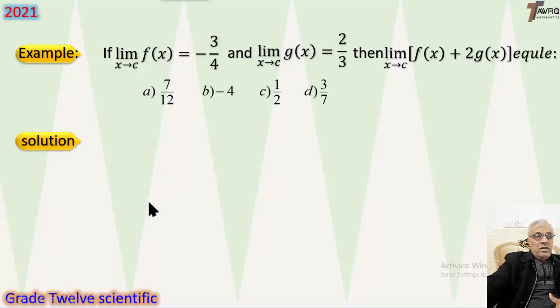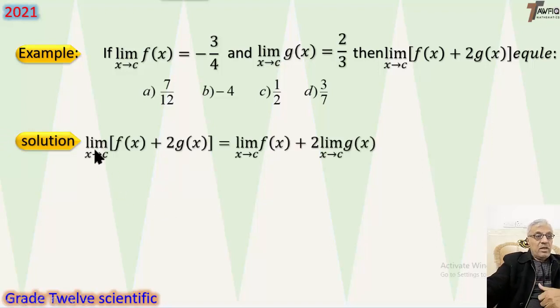Solution: the limit as x approaches c of f(x) plus 2g(x) is equal to the limit of f(x) plus 2 times the limit of g(x), which equals minus 3 over 4 plus 2 times 2 over 3.